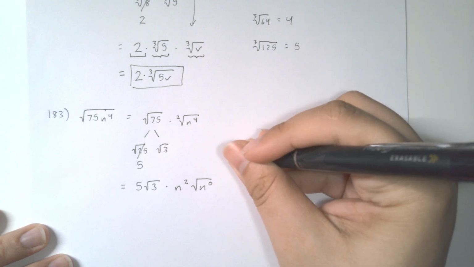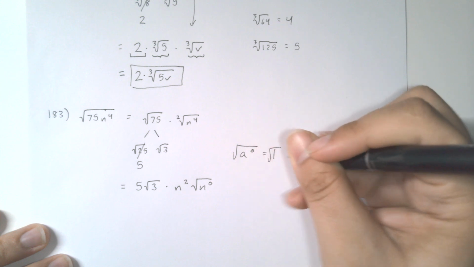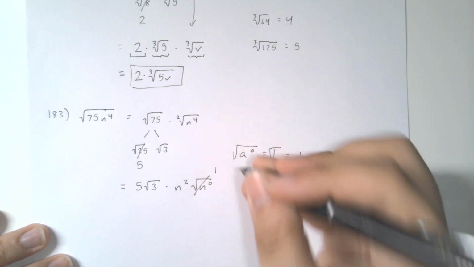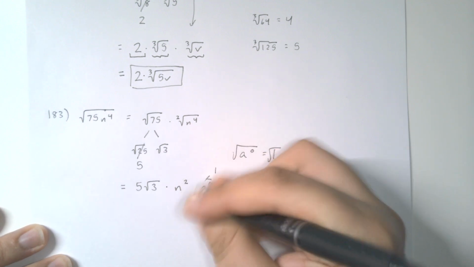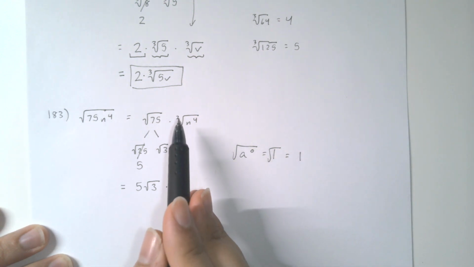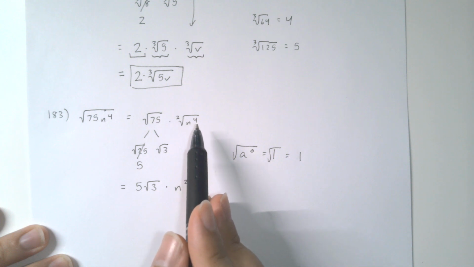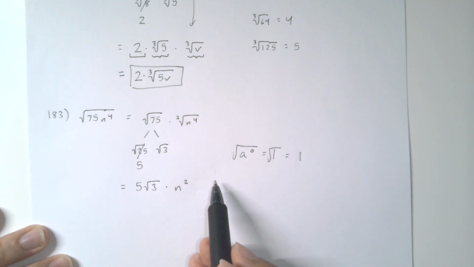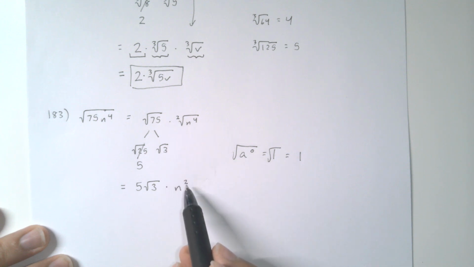And so the square root of something to the 0th power is the square root of 1, but the square root of 1 is 1. So really, this is just a 1 here, and so we don't need to write it at all. So when your index goes into your exponent an even number of times with no remainder, you don't have times the root of anything. It's just 2 goes into 4 2 times, so it's n squared.